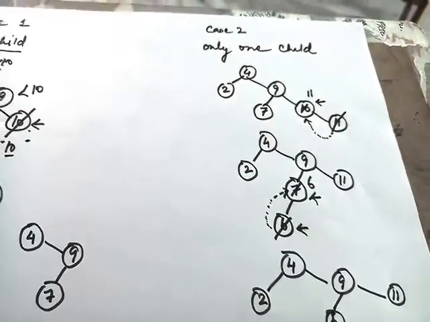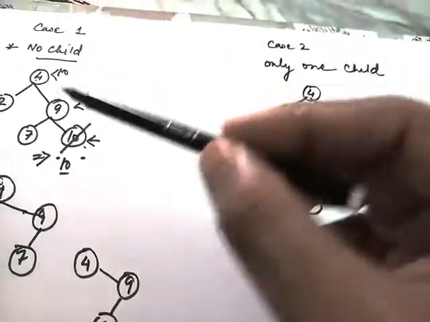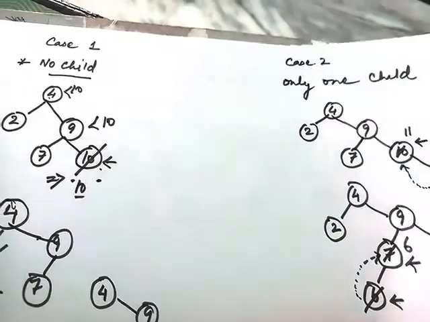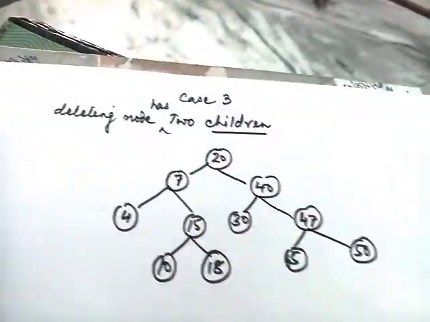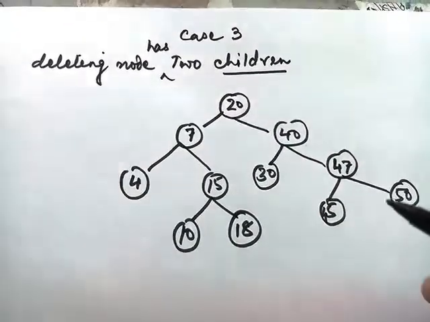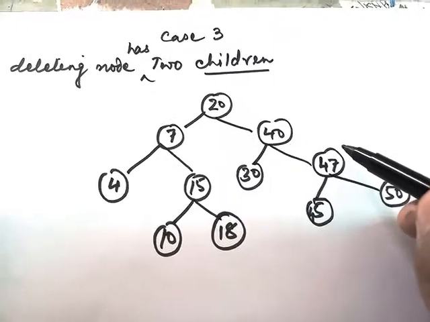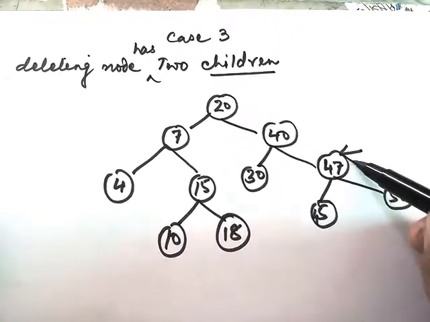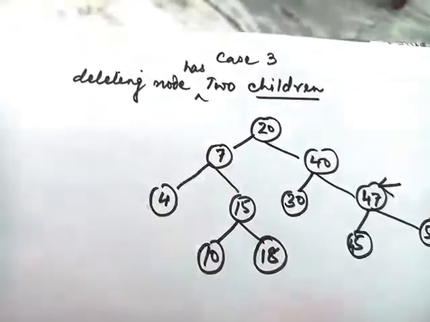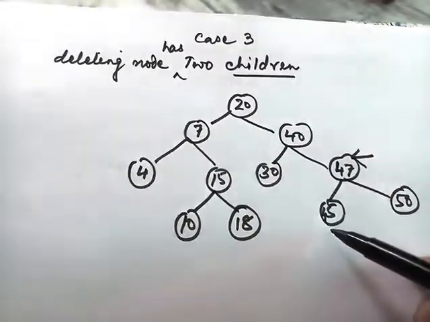So this is how the deletion takes place when it has no child and when it has only one child. Now the final case is, just assume that we have two children, and suppose that we have to delete 47. This is my deleting node, and as per the rule, this deleting node has two children.